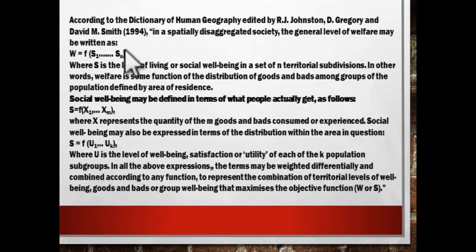Okay, according to the Dictionary of Human Geography edited by R.J. Johnston, Gregory and David Smith 1994, speaking especially about a disaggregated society, the general level of welfare may be written as W equals F(S1 ... Sn), where S is the level of living or social well-being in a set of territorial subdivisions.